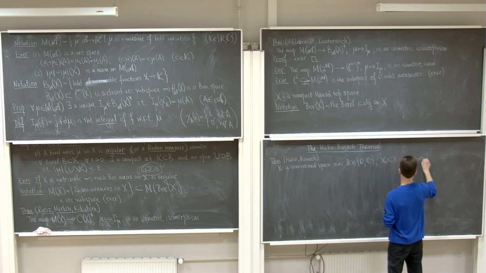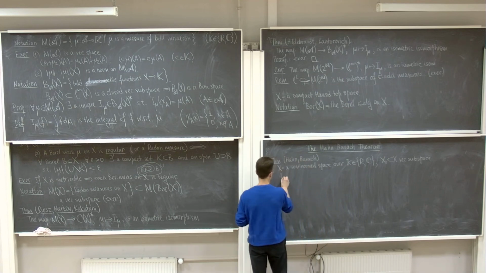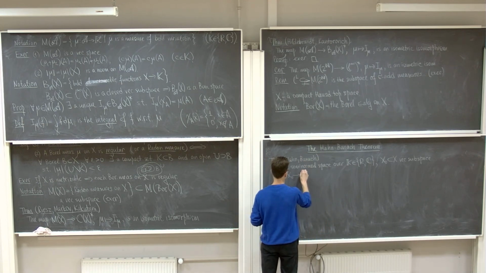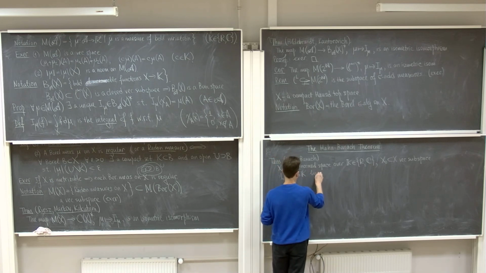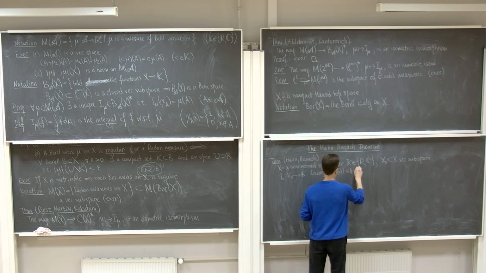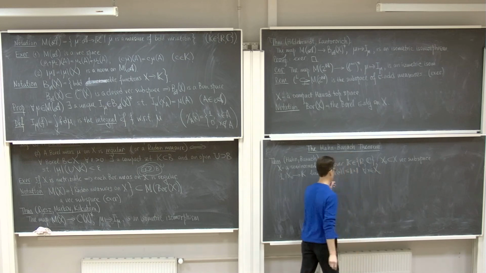And suppose that we have a linear functional f0, defined on X0, satisfying the following condition. So it is dominated by the semi-norm in the following sense.